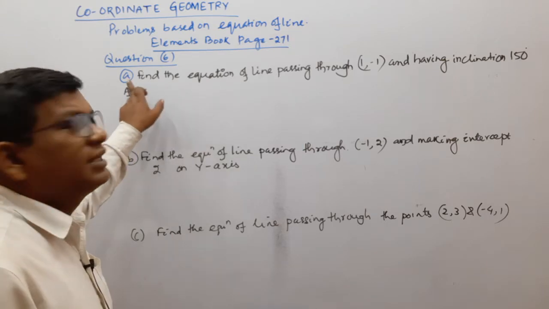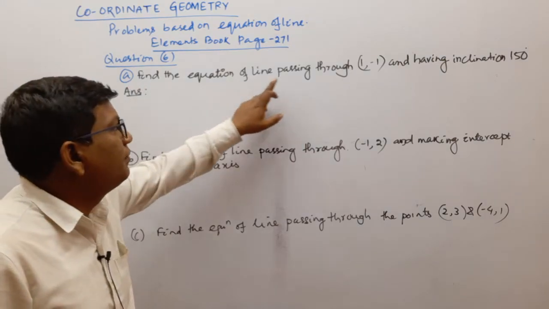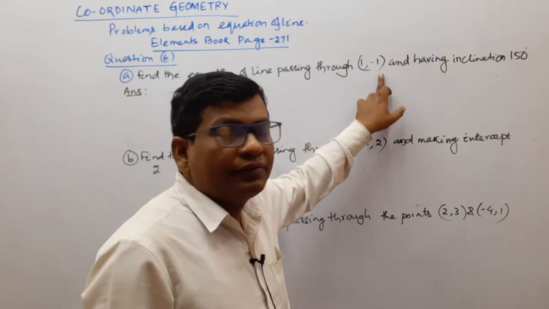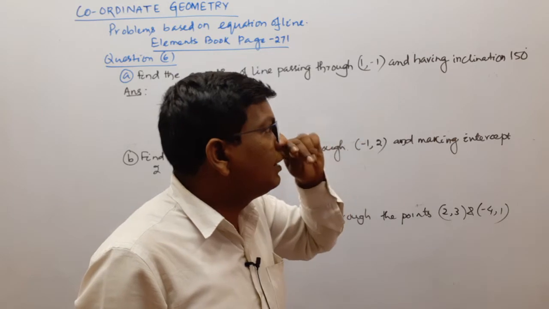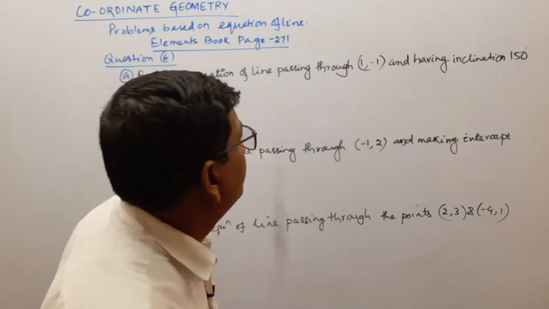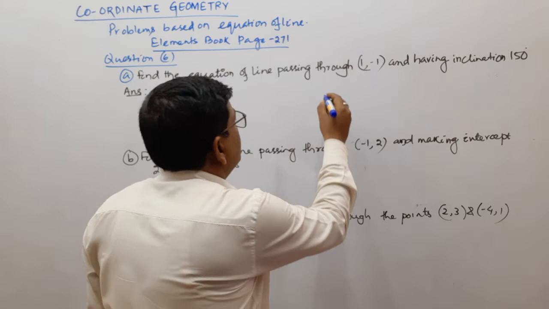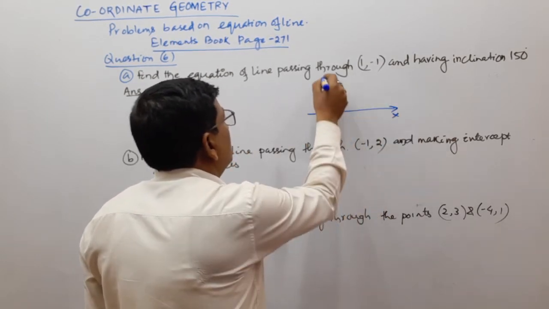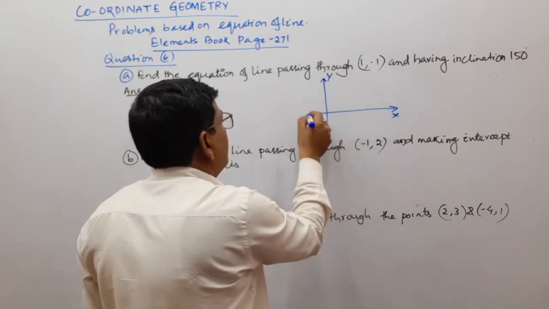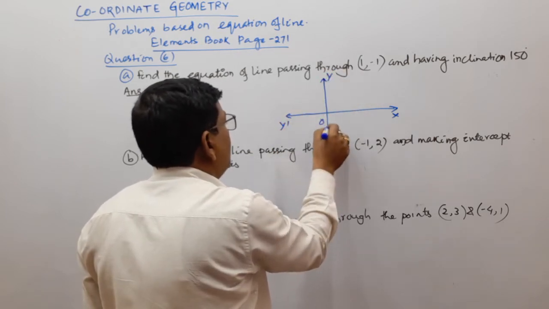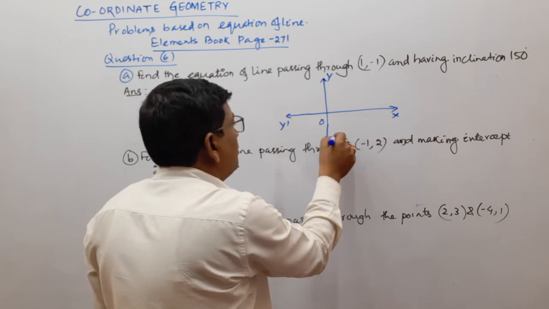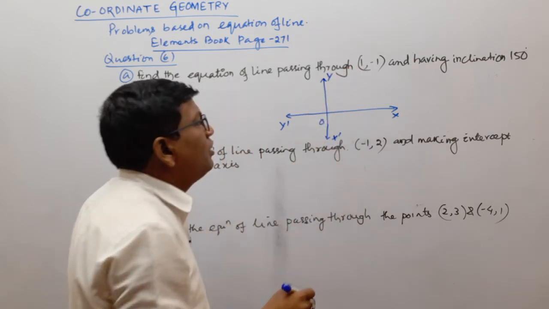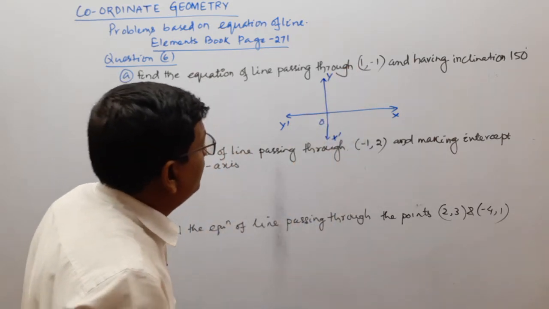First question is 6a. Find the equation of the line passing through the point (1, -1) and having inclination 150 degrees. Suppose this is the coordinate axis X'OX and Y'OY. What do you mean by inclination? The line is passing through the point (1, -1).